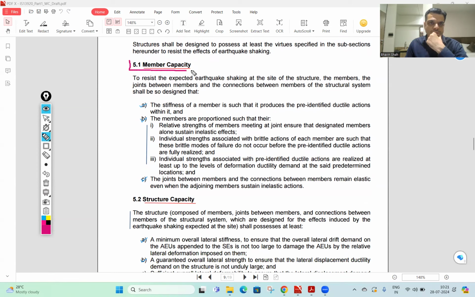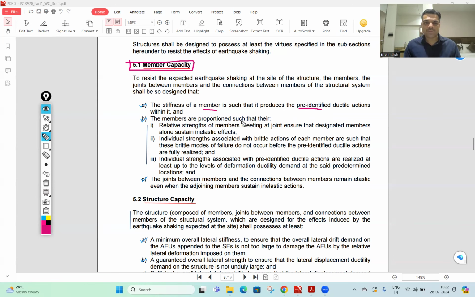What is said here is that to resist the expected earthquake shaking at the site of the structure, the members, the joints between the members and the connections between the members of the structural system shall be designed so that the stiffness of a member is such that it produces the predefined ductile actions within it.